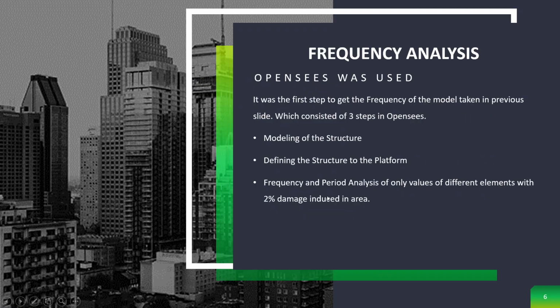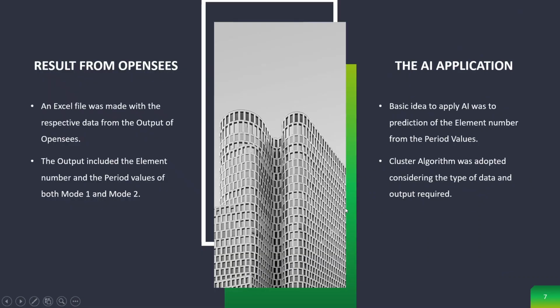here 2% damage is induced in the area. I have taken 1% and 2% values. The 2% and 3% values are basically just 2 times and 3 times the data that I got. That's why they are basically linear, so that won't make much of a difference in the accuracy.